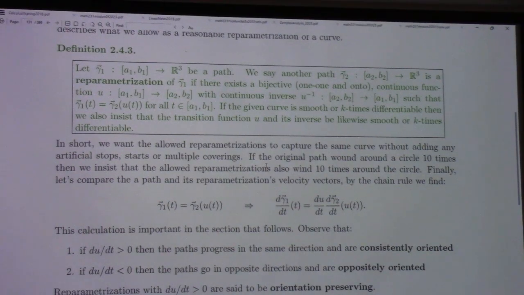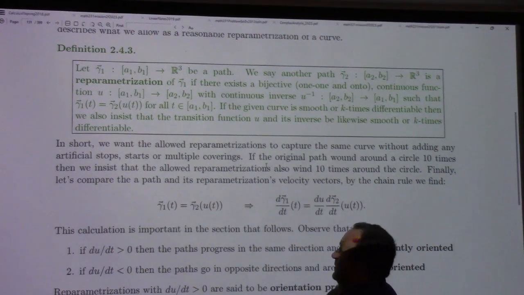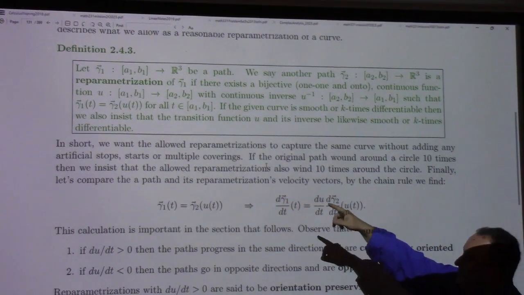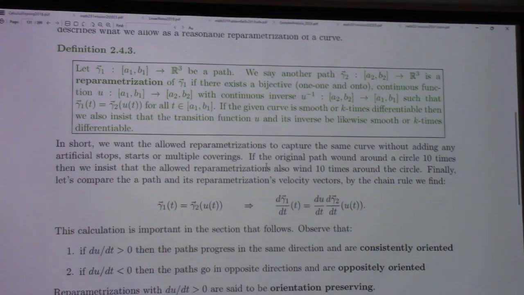So a reparametrization is when you take a given path and choose another parameterization. We did this with arclength, but the concept is more general. A reparametrization is like a mapping: let's say you're given a range of parameters that goes from A1 to B1, and you have a function that goes from A1 to B1 to A2 to B2.